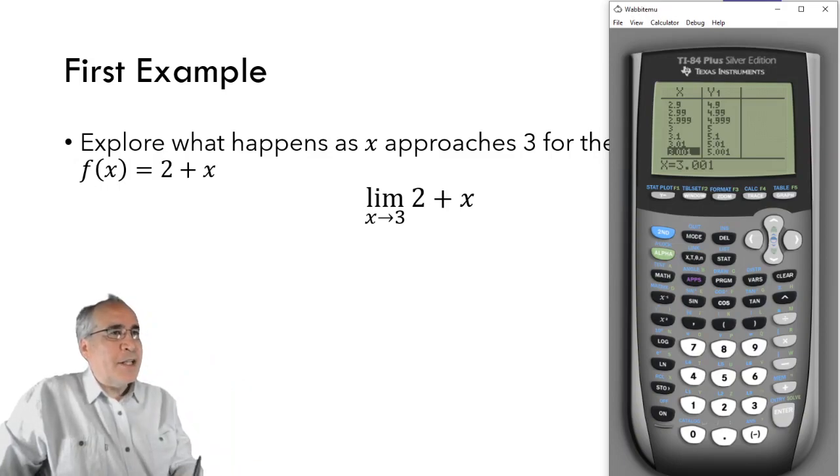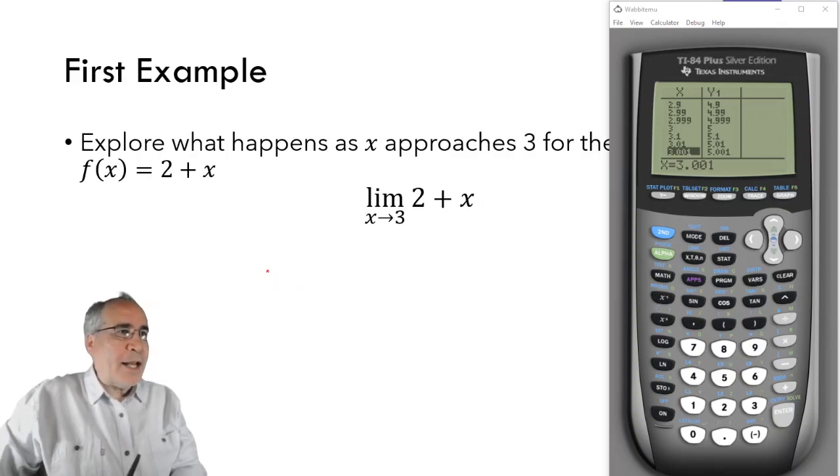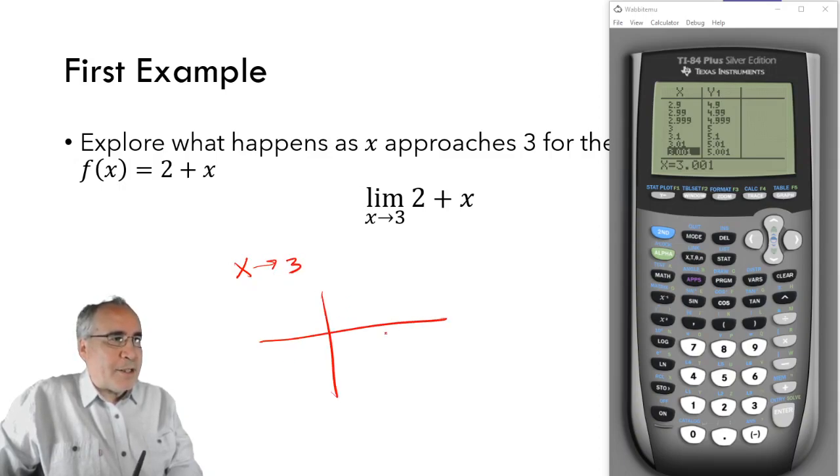Let's get our connections. So what we see happening here is that we're looking at x going towards 3. So let's come here.